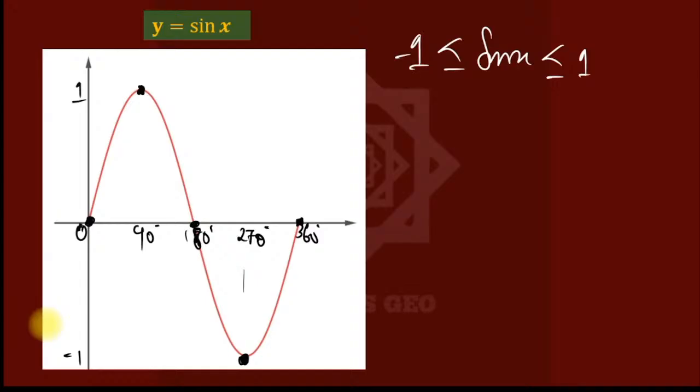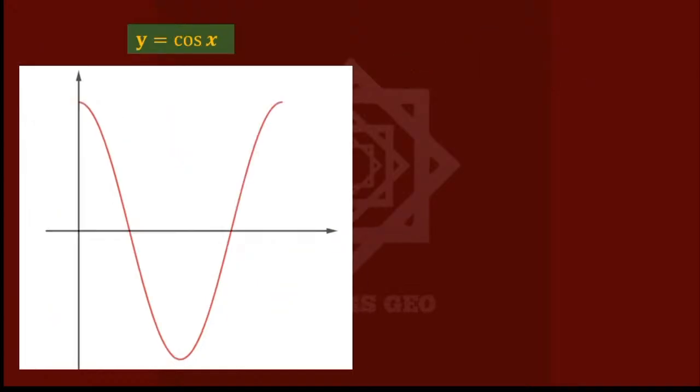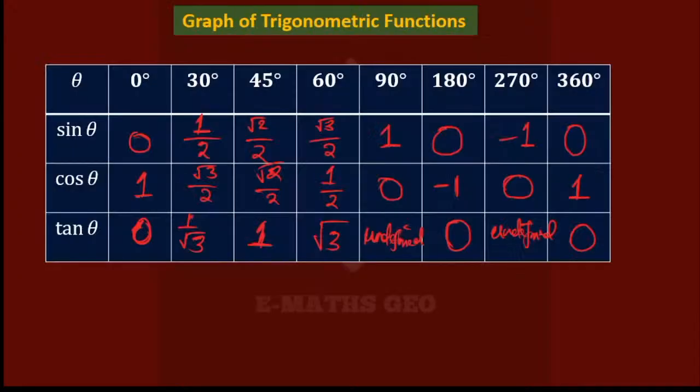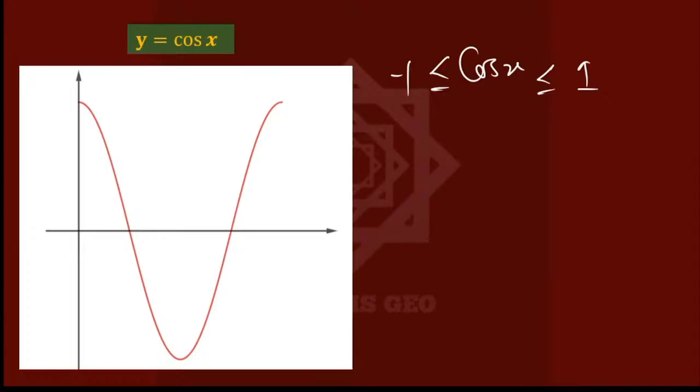So let's look at cosine. Using that same table, you see that the graph of cosine alternates between -1 and 1. Check: the maximum is 1 and the minimum is -1. If we sketch the graph, cos 0 is always 1, so here is 0.